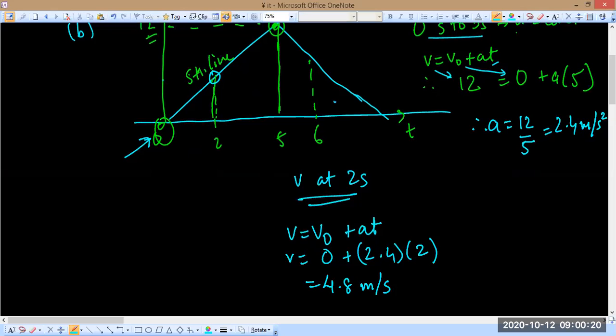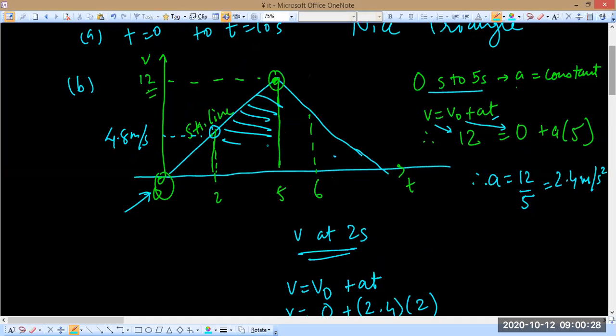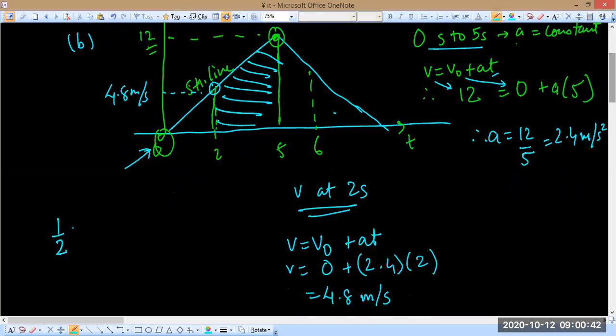Right? So now if you know that this is 4.8 meter per second, then you can find the area of this parallelogram, by simply doing half into sum of parallel sides.